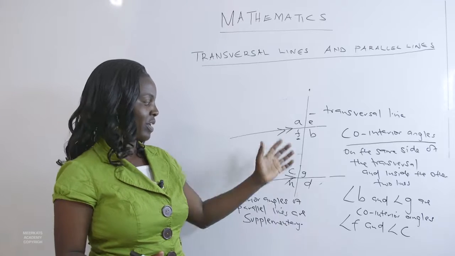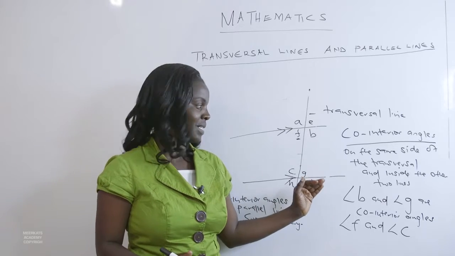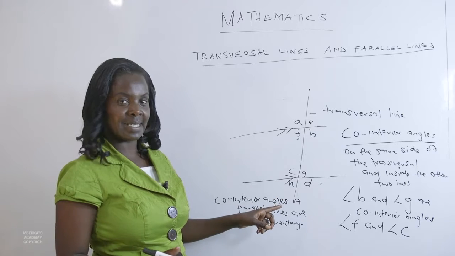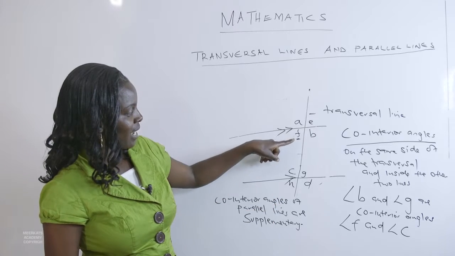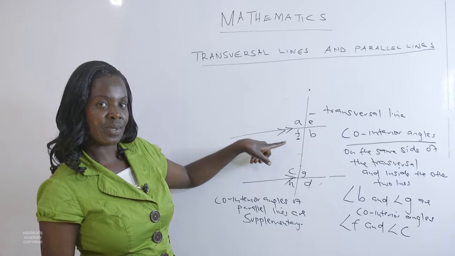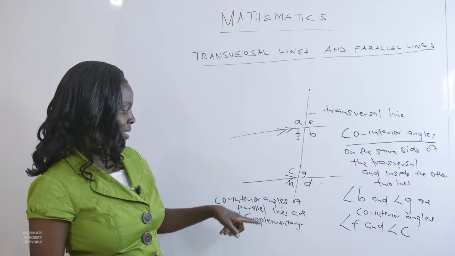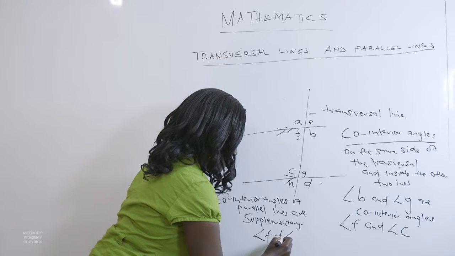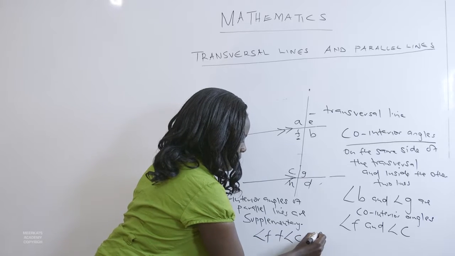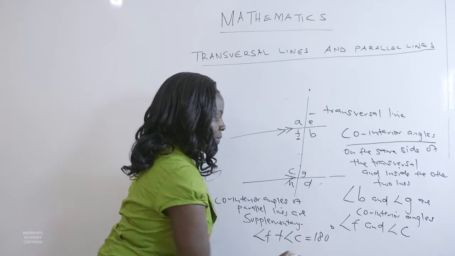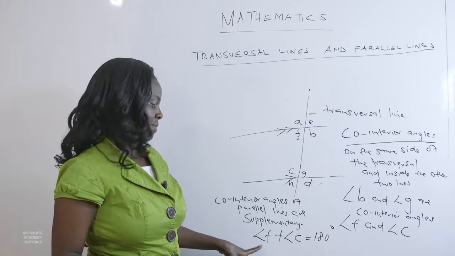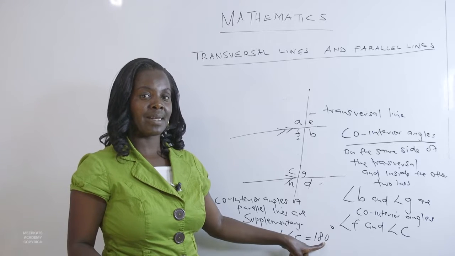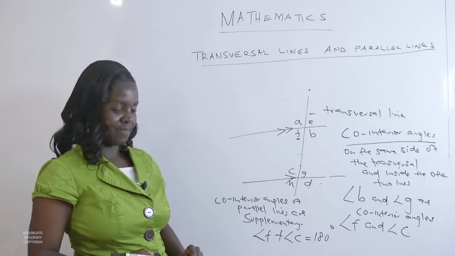If you can remember from our last lesson, we said supplementary angles add up to 180 degrees. So if we have two co-interior angles, then they should add to 180 degrees. In other words, if we add angle F plus angle C, they should add up to 180 degrees.